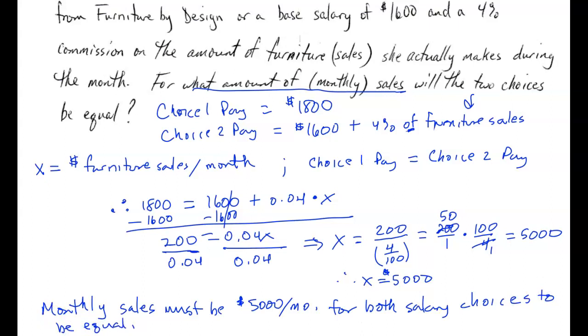And you can state that in another way, but the main thing is just to know that you need $5,000 in monthly sales in order for those two things, or two salaries, to be equal to each other. So you can, again, state that in whatever way you like.